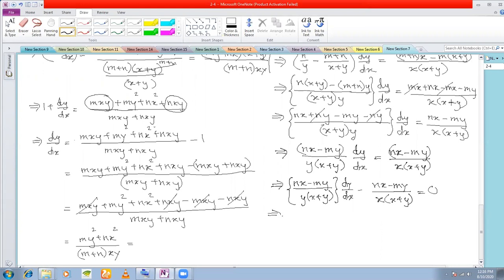Now what can you take common from these two? nx minus my divided by x plus y. What are you left with? 1 by y dy/dx minus 1 by x.